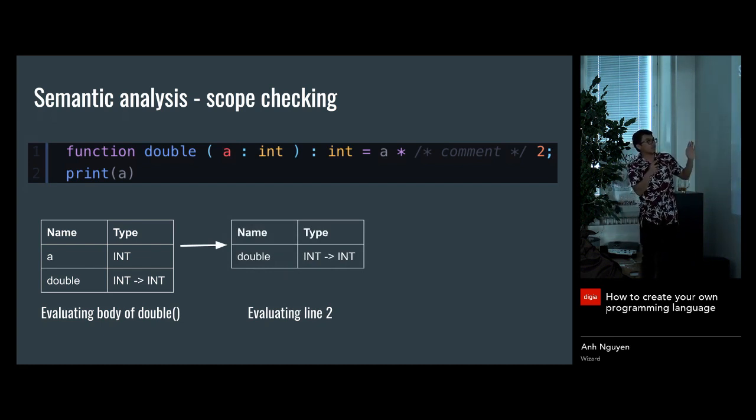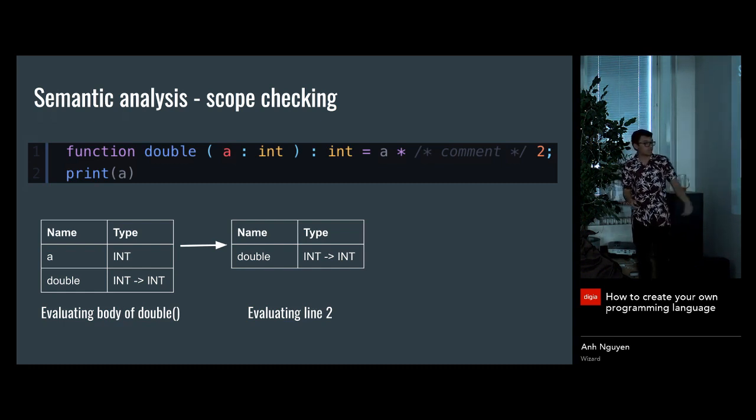So the first line is fine, but for the second line, we should check the table again. Variable A is only available in the body of function double, so it should not be used on the second line, because we should remove it from the table before we exit the first line.